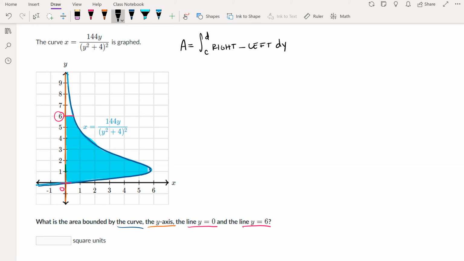Okay, so let's go ahead and start trying to set up this integral. A equals the integral from c to d, that would be from 0 to 6 because we're integrating up and down now. My right function is this curve. This is my right function. And then my left function, which is kind of weird, is this orange line right here that you can see.